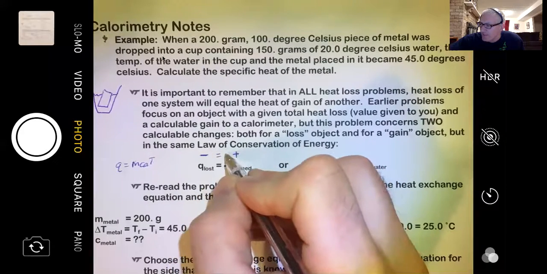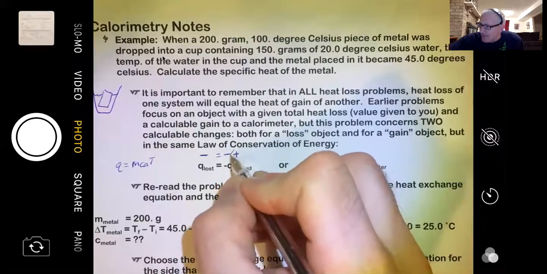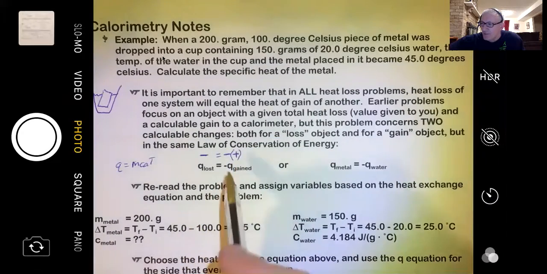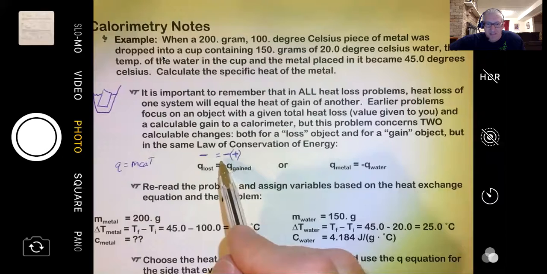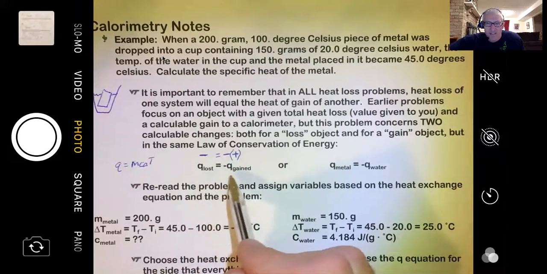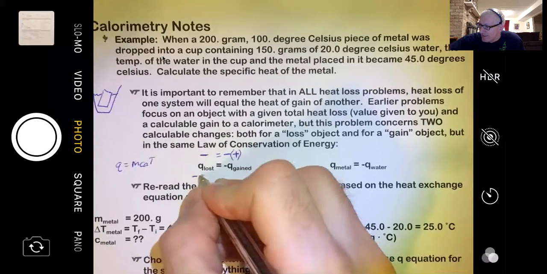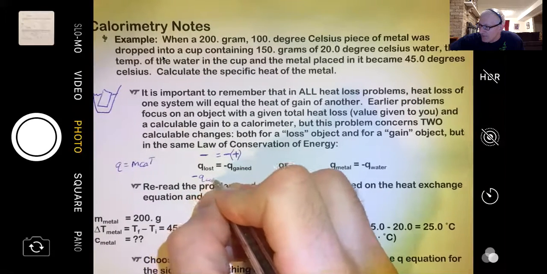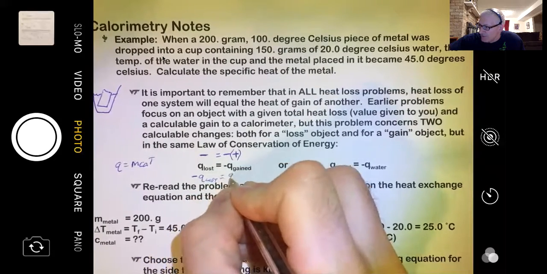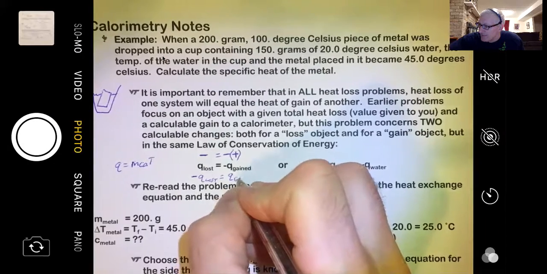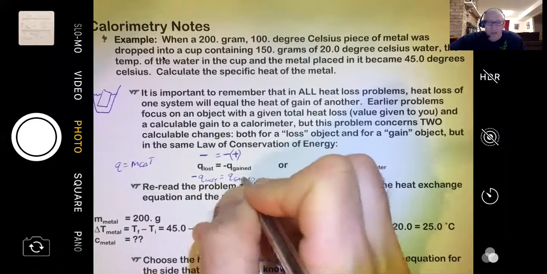So all we did was say, let's take the opposite of the sign of this, because I know that the opposite of a positive is negative. That's how we get away with saying this algebraically is equal to each other. I could have just as easily made the opposite of the amount of heat lost by the metal equal to the amount of heat gained by the water.